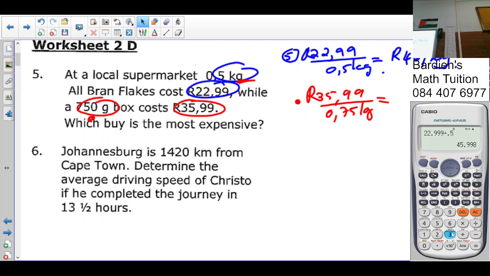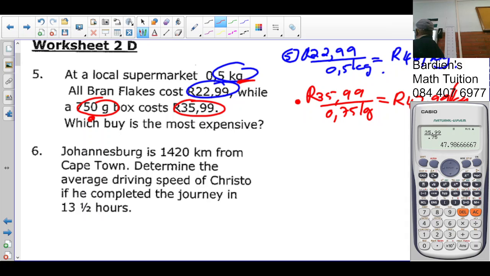So that's 35.99 over 0.75. It's going to give you 47 Rand and 99 cents. So which one is the more expensive buy? The bigger box is actually more expensive, if you do the comparison.